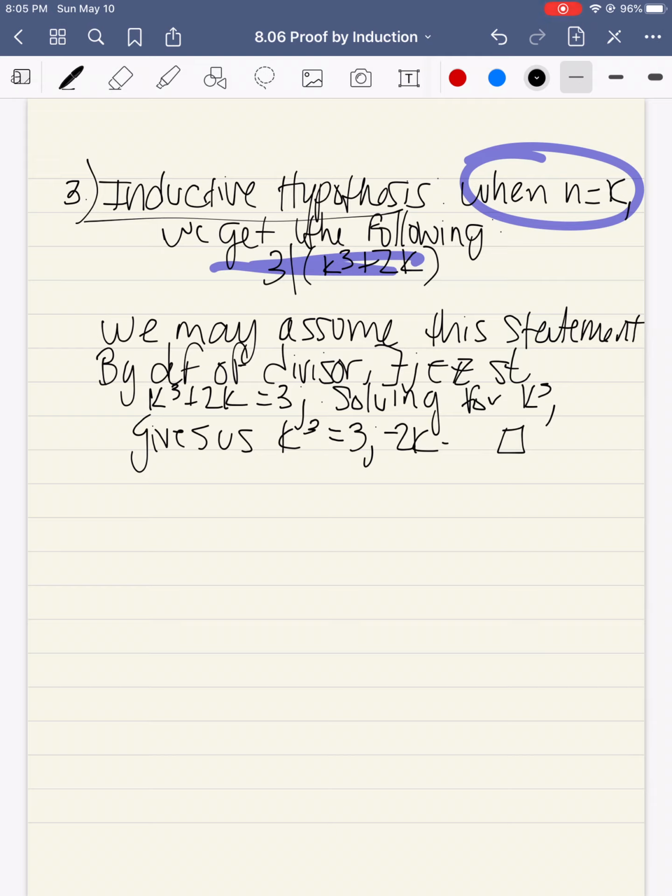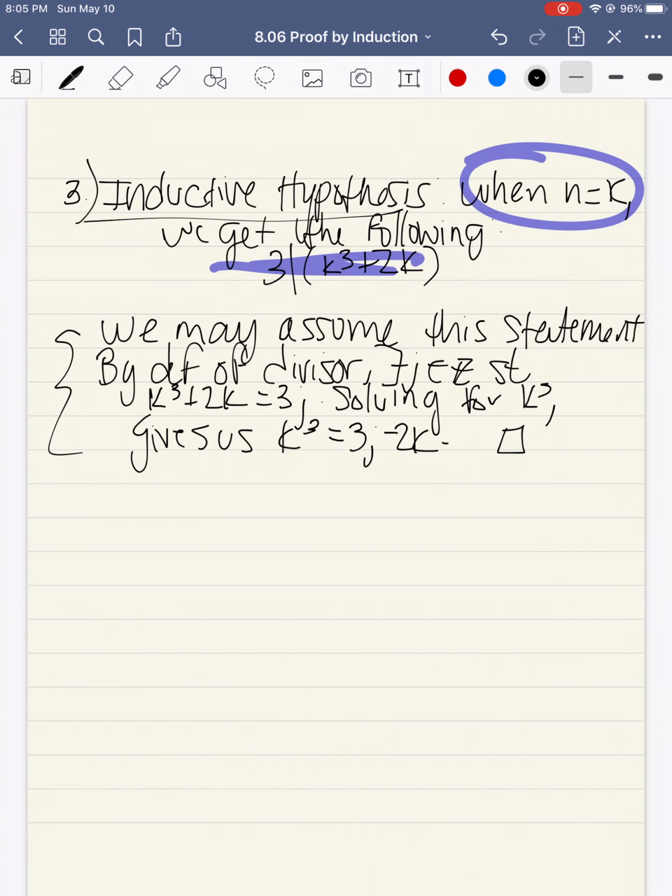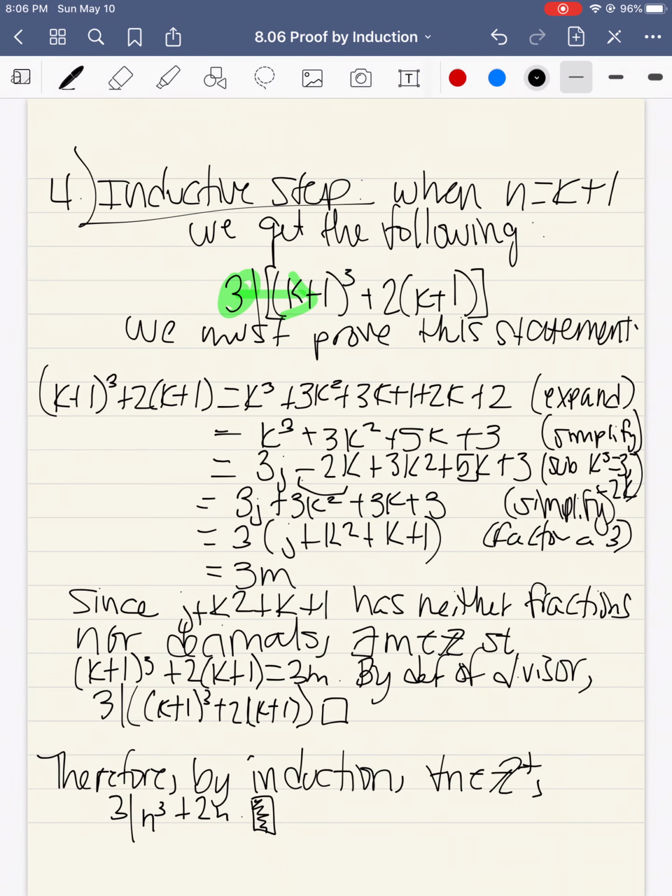And so this bottom part here might not be apparent until you get to the inductive step. So my advice is write out whatever expression you get. By the definition of divisor, we're going to get this statement here. But the solving part, you might not know what you need to solve for yet.